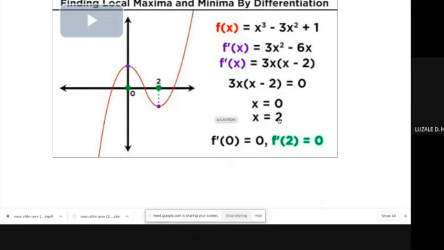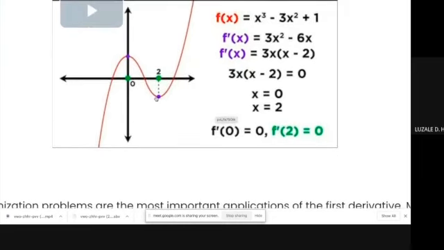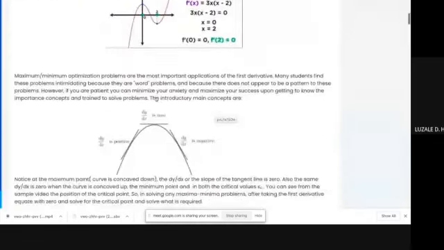When x is 2, this is 8 minus 12. So that gives you negative 4. Plus 1, that gives you negative 3. Right? So these are what you call the critical points.